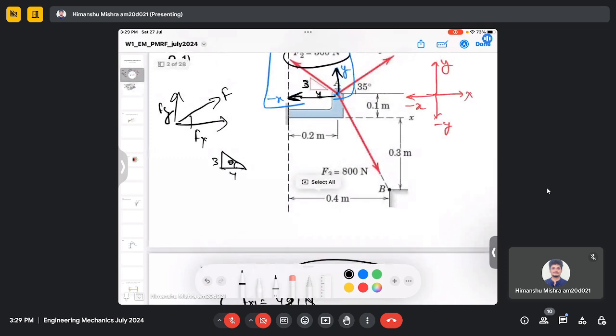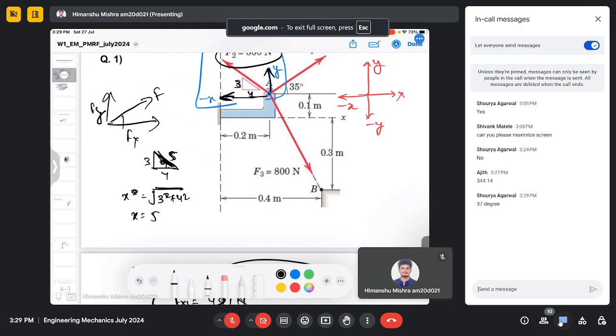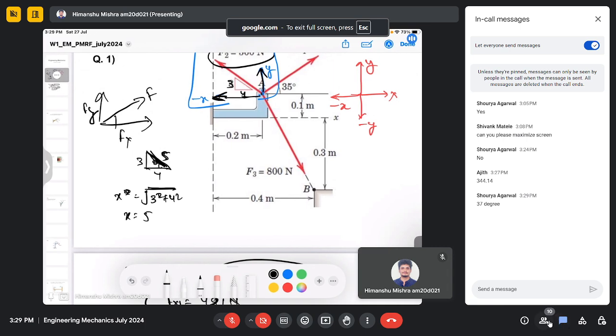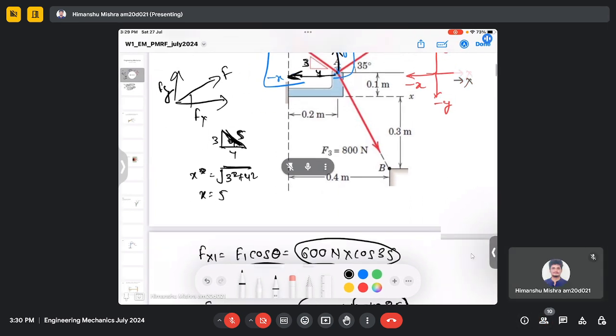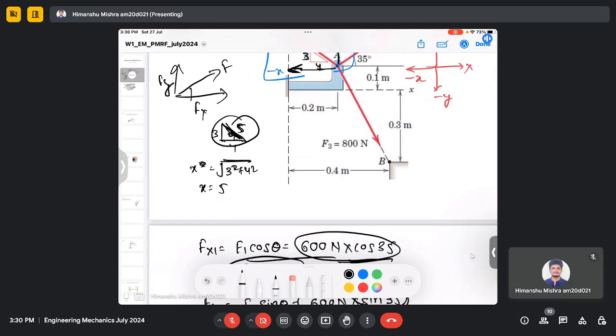By the Pythagoras theorem, we calculate the third side: the square root of 3 squared plus 4 squared gives 5, so this side will be 5. You can calculate the angle as has been done, and it comes out to be 37 degrees. Or the other way is to just use the sides of this triangle.